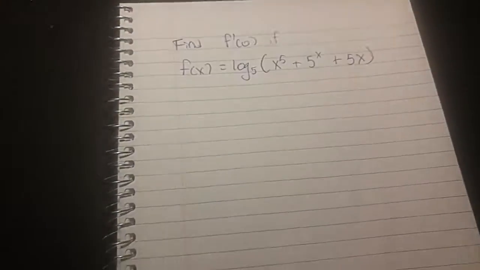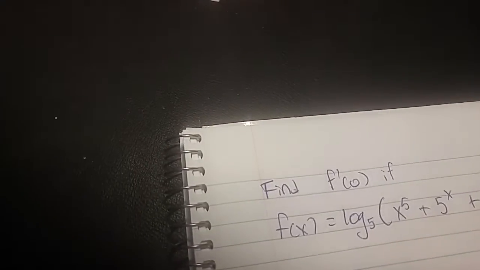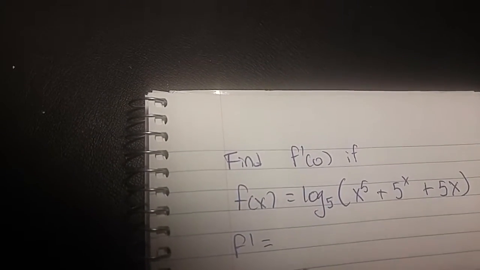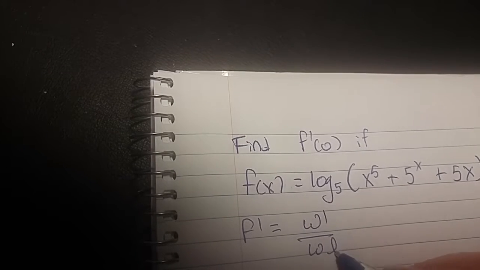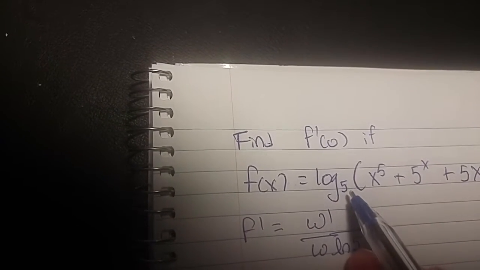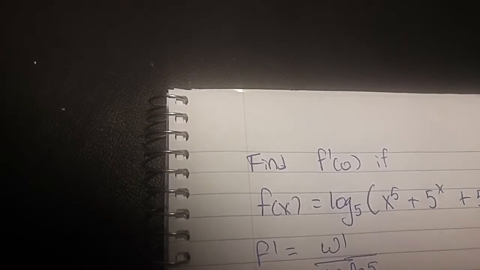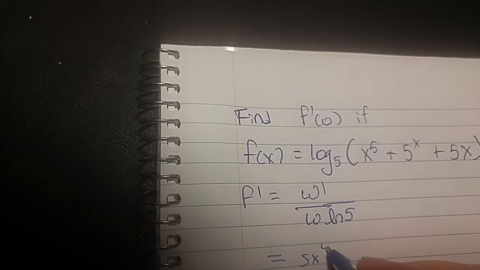And the last question that was requested was to find the derivative of a function at 0. So when I take the derivative of this, it is log base 5 of a function w. We're going to get w prime divided by w times the ln of 5. Need a ln 5 down there because this is a log function of the base of 5. So plugging in what w prime is, derivative of x to the 5 is 5x to the 4.